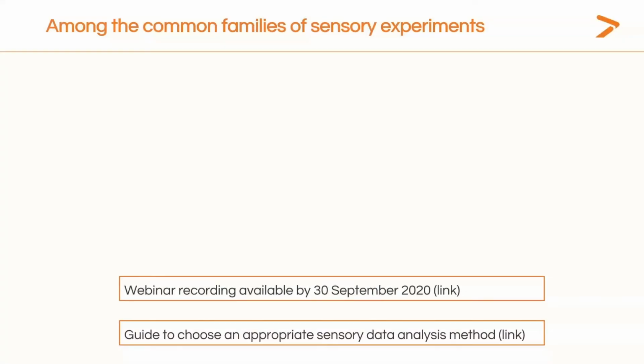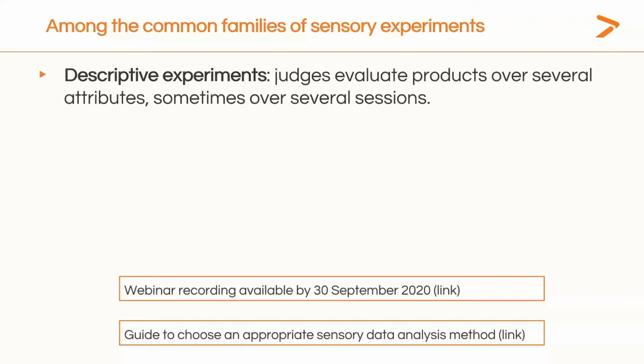We've seen another mainstream type of experiment, the descriptive experiments, where judges evaluate products over several attributes and sometimes over several sessions. So technically, this kind of experiment is a bit more complicated technically to implement than difference experiments, but you get a more thorough description of the products from the sensometric point of view.